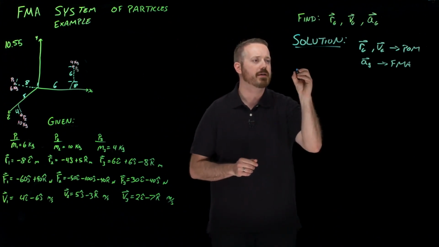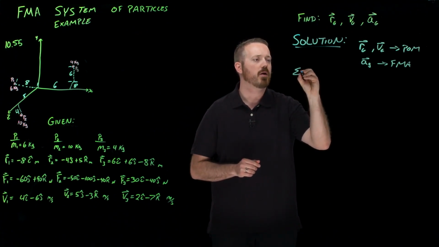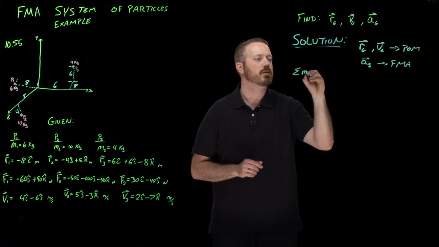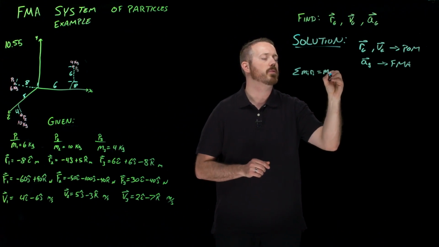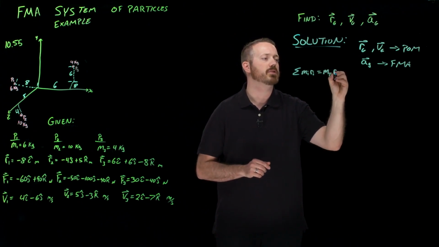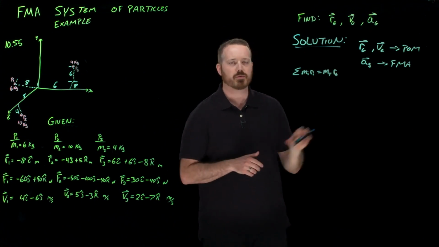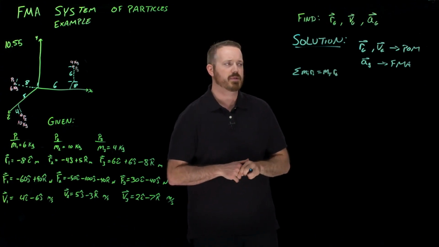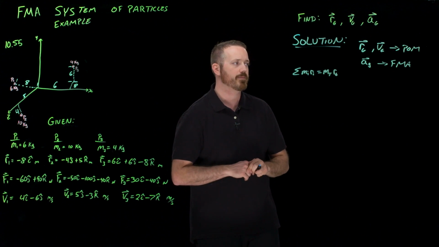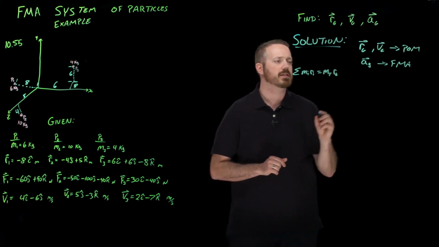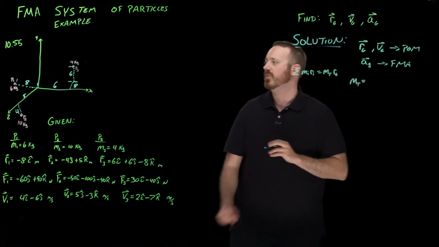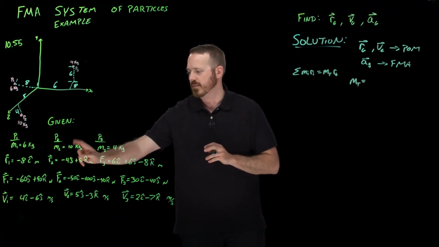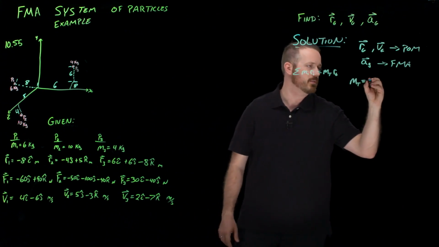So recall that the sum of all of the little bits of moments, m_i r_i, has to be equal to the total mass and the position of something of interest. In this case, we'll talk about the center of gravity. So for us, the total mass is going to be the sum of all of the masses. So 6 plus 10 plus 4 is 20 kilograms.